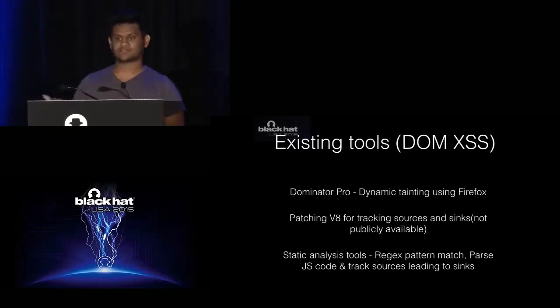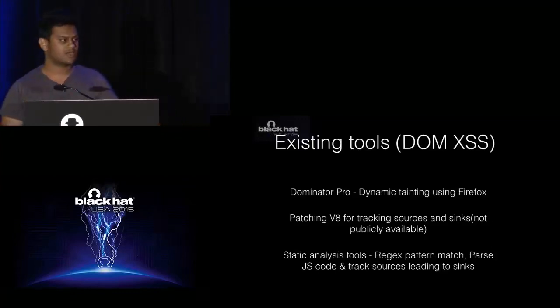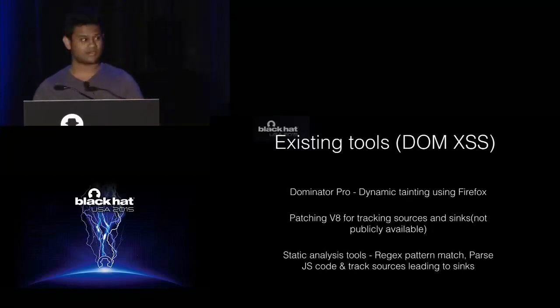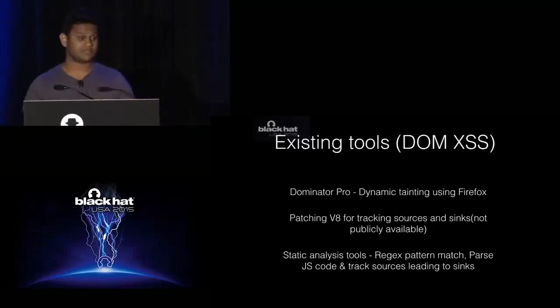And there's also this research paper that I just showed, by Sebastian Lekies, where they patched V8 and the Chromium open source web browser to track all these sources and sinks and come up with those results. But I'm not sure whether they made it public, and it's not in a usable form.